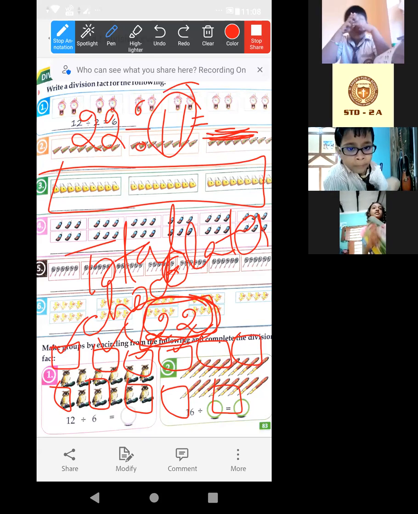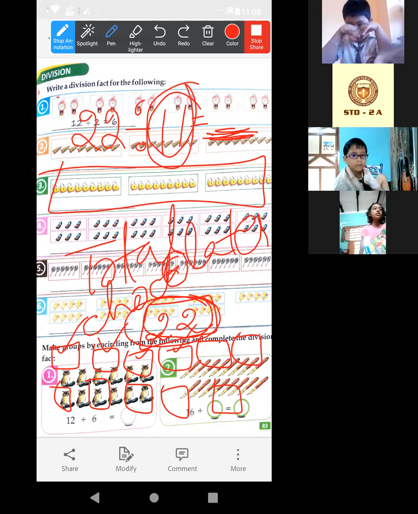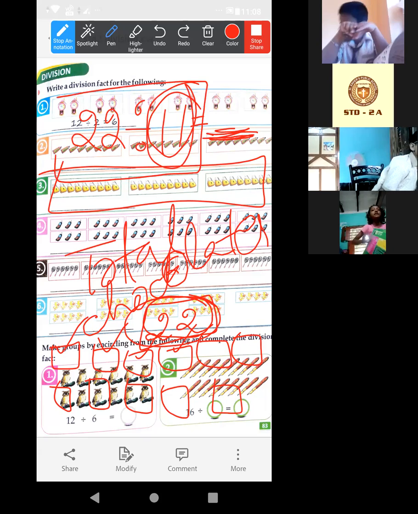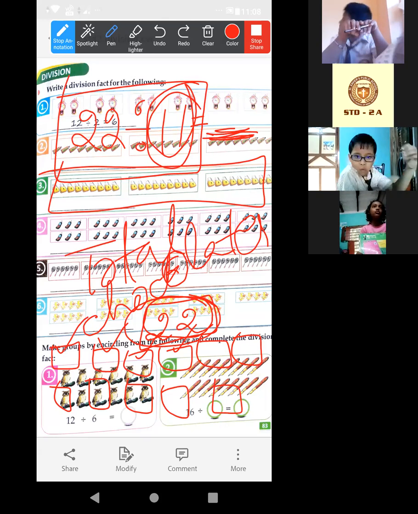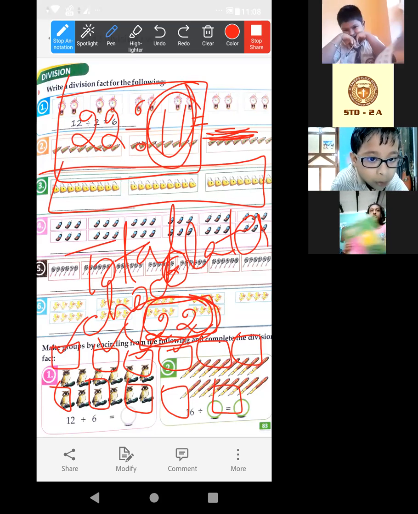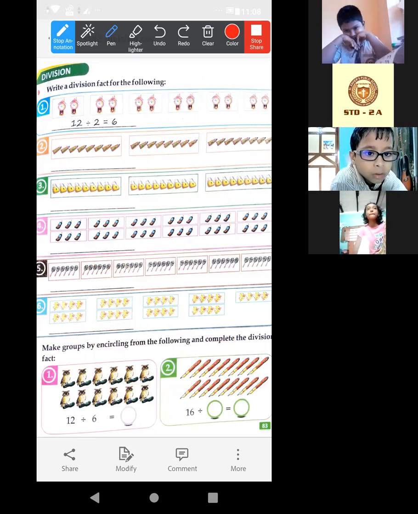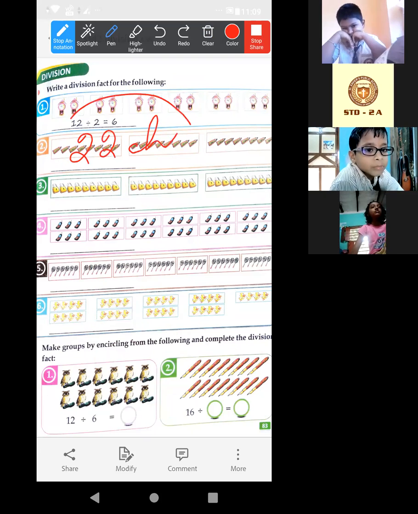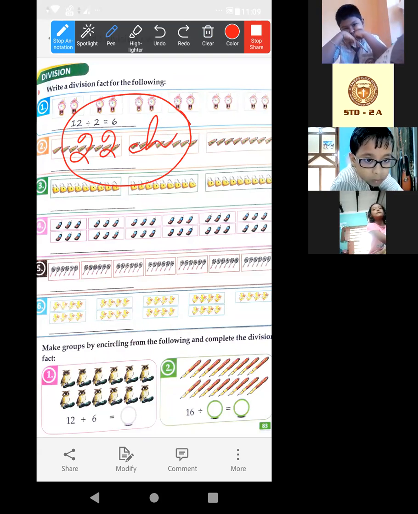Understood? Now how to divide? Already we know the division method. By using number line also we learned, and by using repeated subtraction. So suppose 22 chocolates are there. 22 चॉकलेट से फिर 11 ग्रुप में डिवाइड करना है.